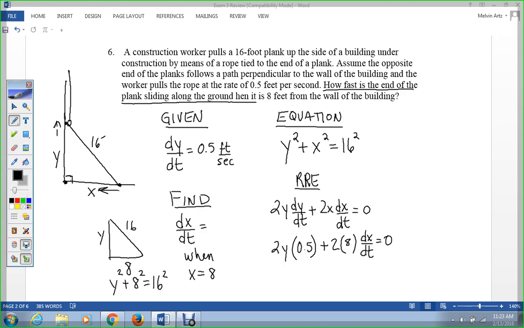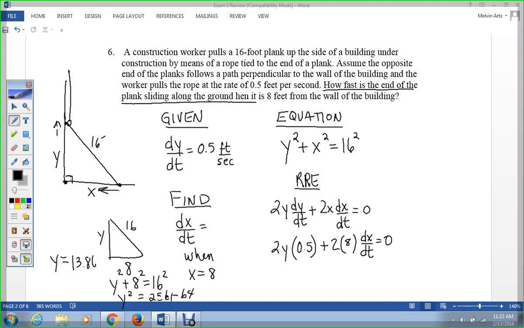So 16 squared is 256. So we would have y squared equals 256 minus 64. So when we take 256 minus 64 and then take the square root, you get 13.86.